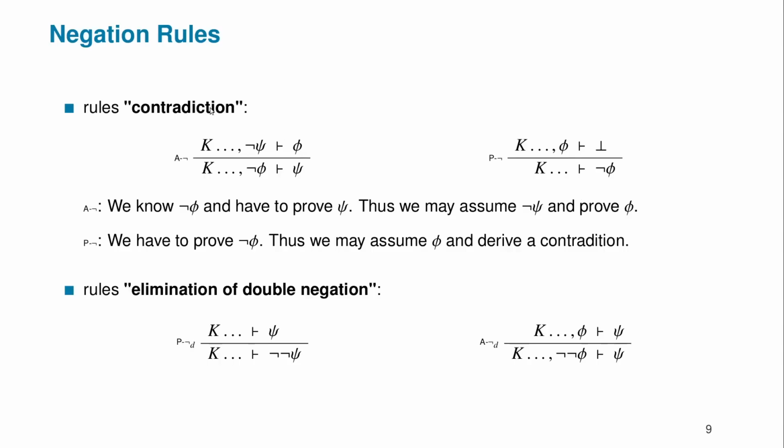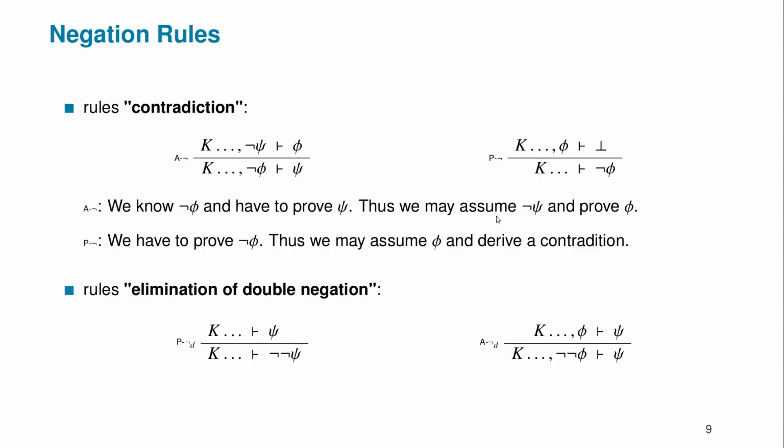And now we have to introduce the rules that we have for each connective and each side of the sequent rule. Here I have the negation on the left hand side. So if I have a not phi in the assumption and psi is the goal, then this says we know that not phi holds and we have to prove psi.